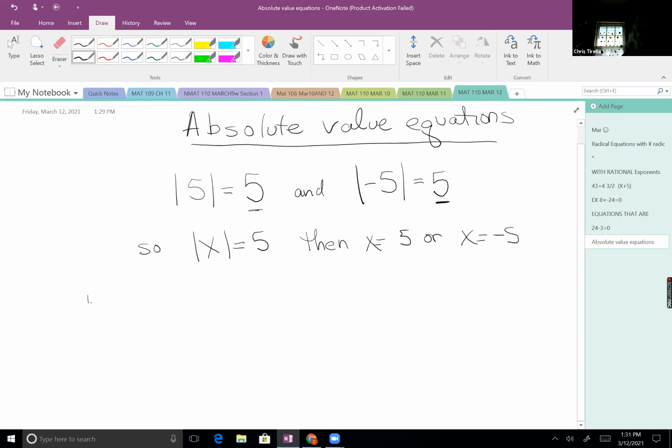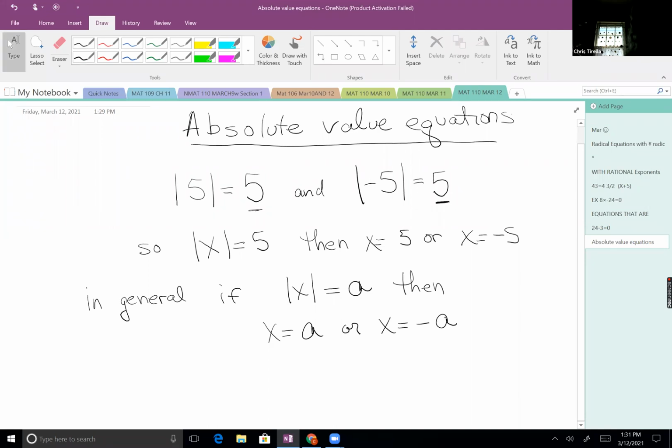And we can generalize that then and say, in general, if the absolute value of x is equal to some quantity a, then x can equal a, or x can equal its opposite, the negative of a.